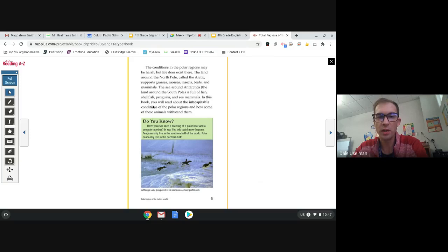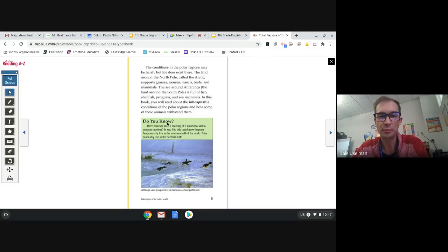In this book, you will read about the inhospitable conditions of the polar regions and how some of these animals withstand them. So I know that the polar regions are inhospitable, which we just said means very unwelcoming or harsh or challenging to live in. And knowing how cold the polar regions are, I believe that it's an inhospitable place.